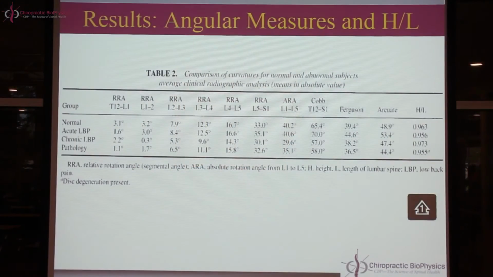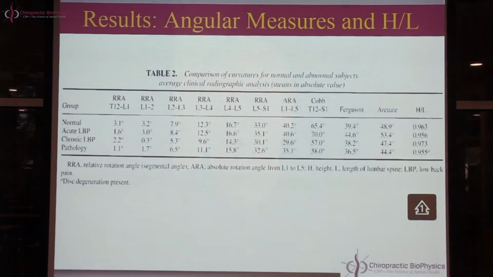Now, Ferguson. Ferguson is the sacral base to horizontal. Here's what we see. Normal is 39.4. Look at the acute. The acute is statistically increased. While their total L1 to L5 curve doesn't look like it's increased, the sacral base is increased and the T12 to S1 Cobb angle is increased. Take a look at the normal subjects. That's really driven by the sacral base.